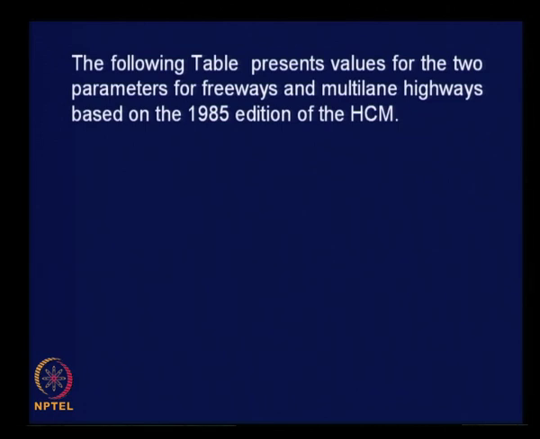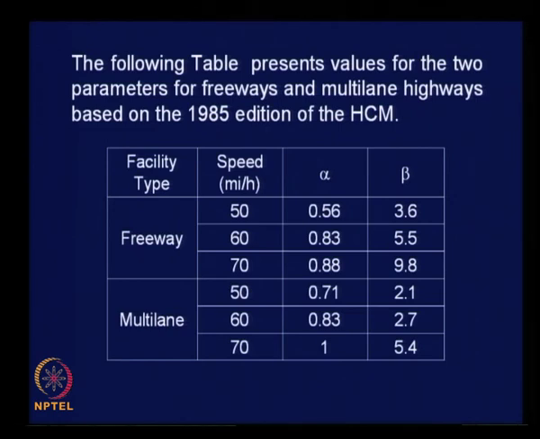In the 1985 edition of HCM, you find this information. They have classified the roads into two types, freeways and multi-lane roads. Freeways are roadways with unrestricted traffic flow condition, and multi-lane roads will have frequent interruptions for the traffic flow.